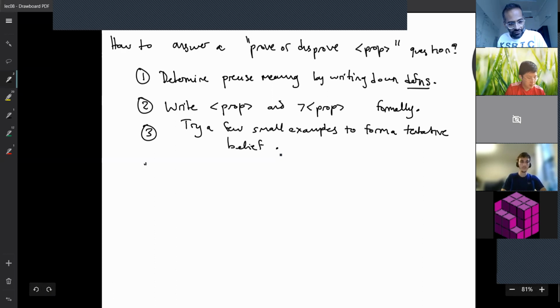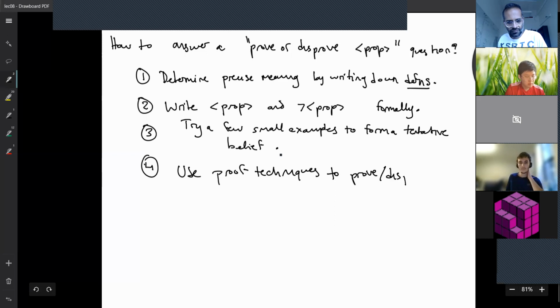And then step 4 is to use the proof techniques to prove or disprove the proposition.